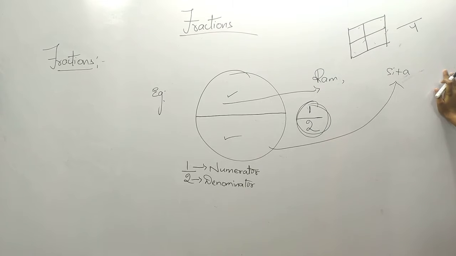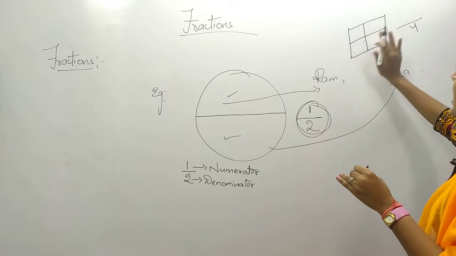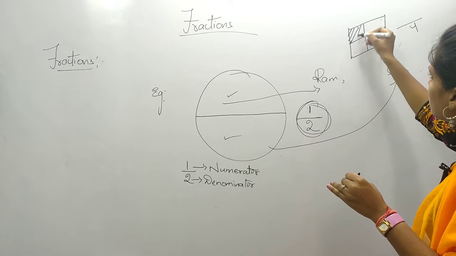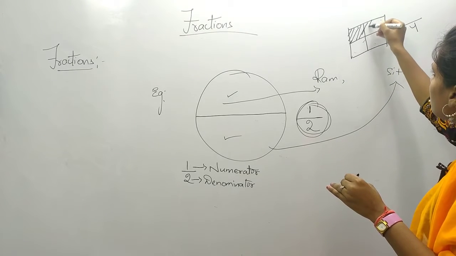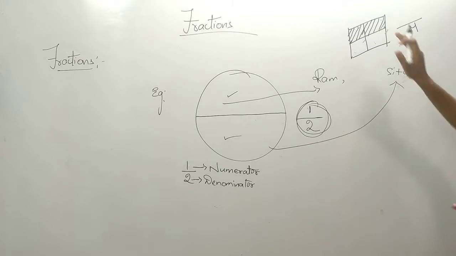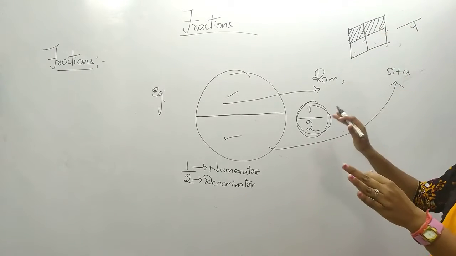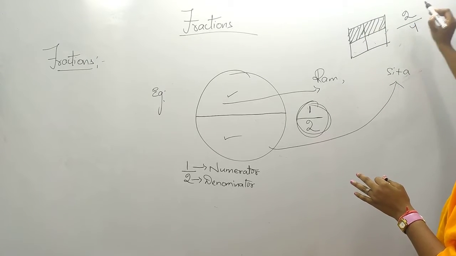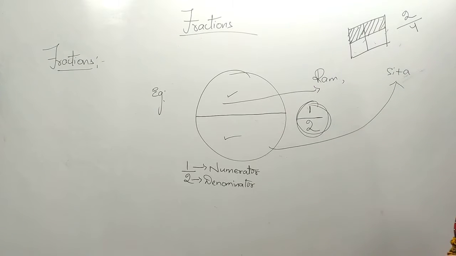How many parts are eaten? Think of it as 1, 2, 3, 4. 1 part, 2 parts. 2 parts are shaded, which means these 2 parts are eaten. So you take the shaded portion as 2. These 2 are the shaded portion.